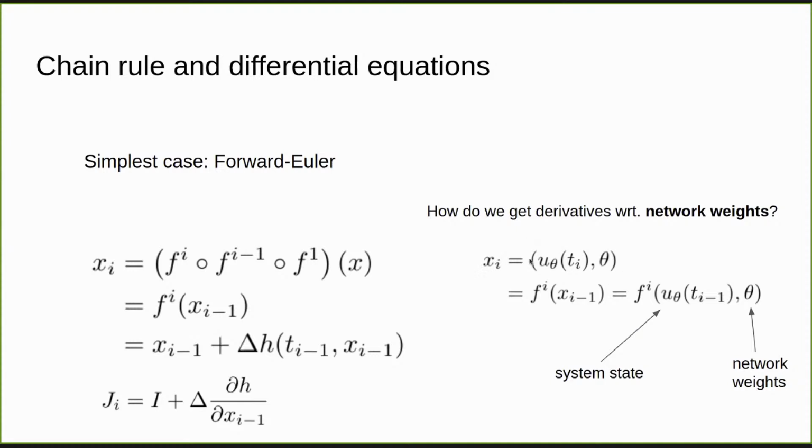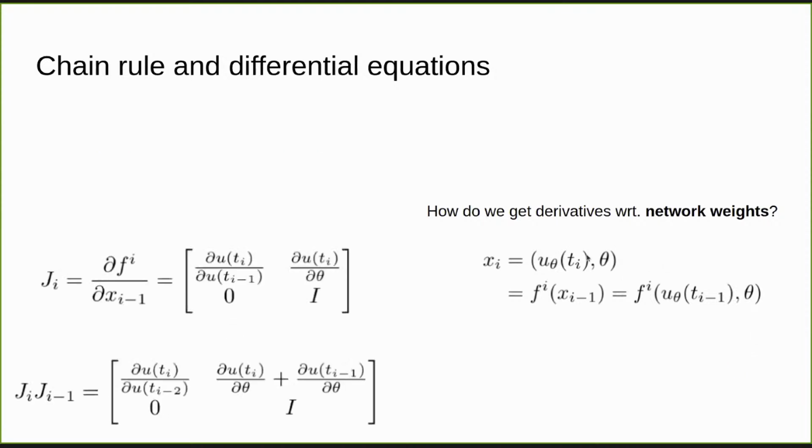You can augment the state with the parameters: u being our state variable and theta being the parameters, the network weights. And then you define that from any time point t_(i-1) to the next one, your time stepper forwards the system state in time, but it just copy-pastes the network weights.